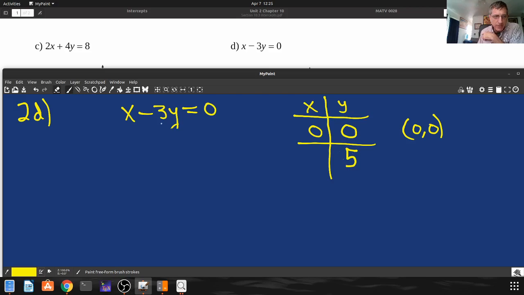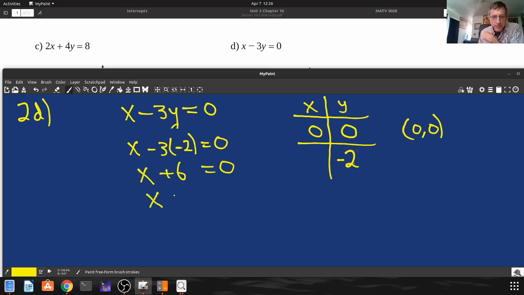Let's make it a little bit smaller. I'm not for sure how big your little plotting goes. So let's choose a value of 2. Or let's do minus 2 for y. What the heck? So x minus 3 times minus 2 is equal to 0. So we're solving for x. So x minus 3 times minus 2 is plus 6 is equal to 0.